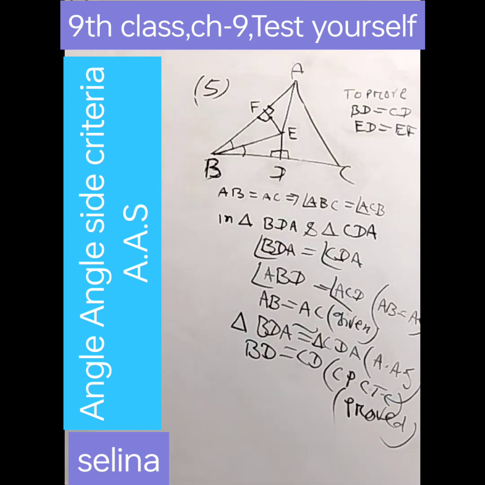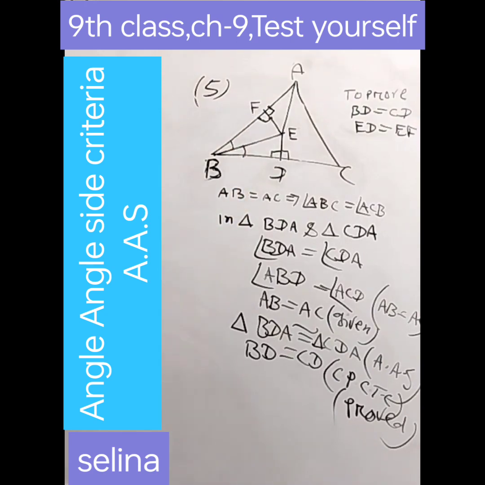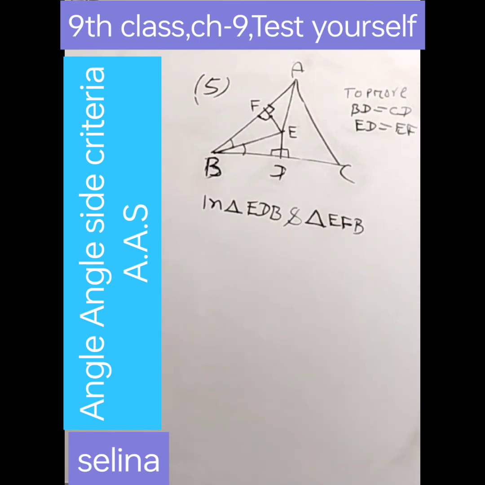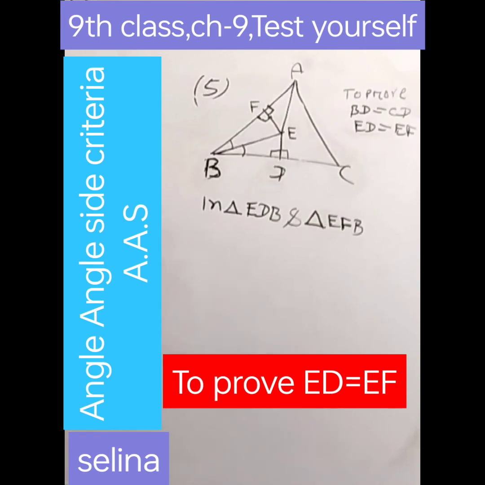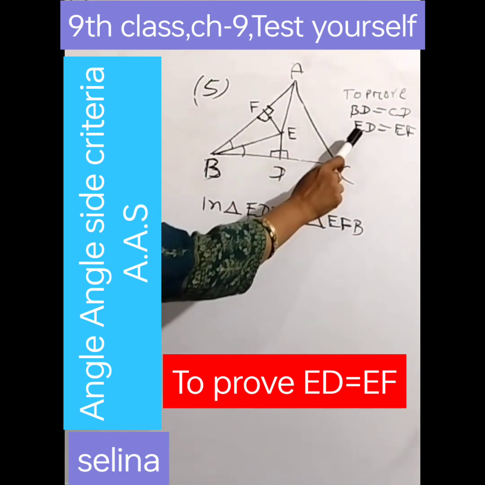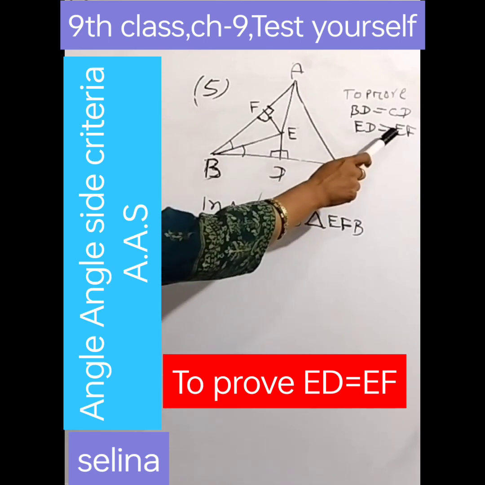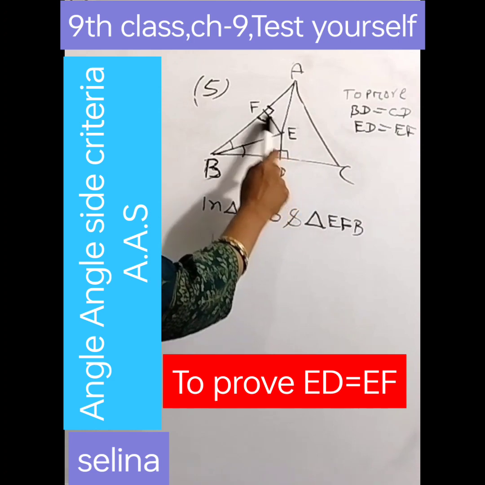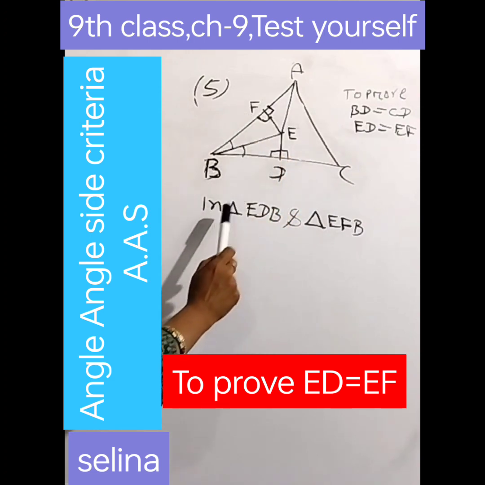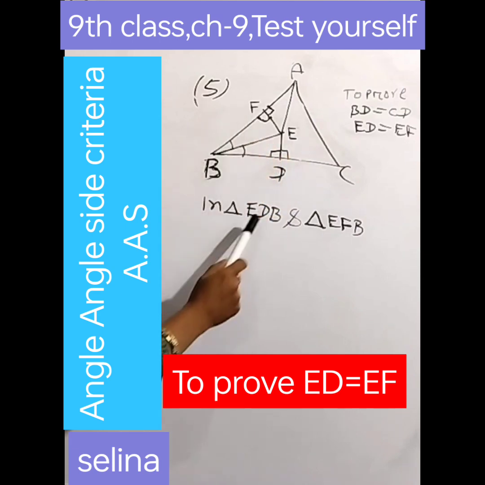Now the EF part. To prove ED equal to EF, you have to take these two triangles, EDB and EFB.